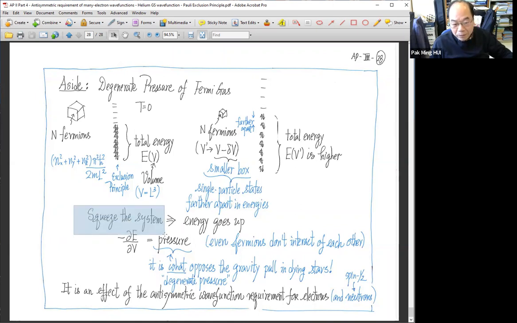Squeeze the system, energy goes up. Thermodynamics, partial U, partial V, PdV work done. So it is minus dU/dV, that is a pressure. You see, you do have a pressure even with zero temperature electrons. Not for bosons. Bosons don't work this way.